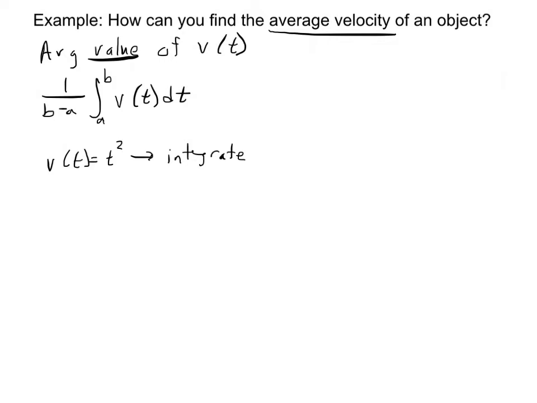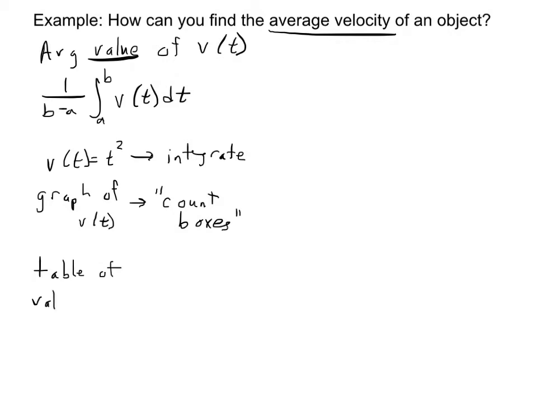Another option is they could give us a graph of the velocity function, in which case we could, I'm going to call it, count boxes. Technically, they could even give us a table of values of the velocity function. And in that case, we could use one of the Riemann sums.